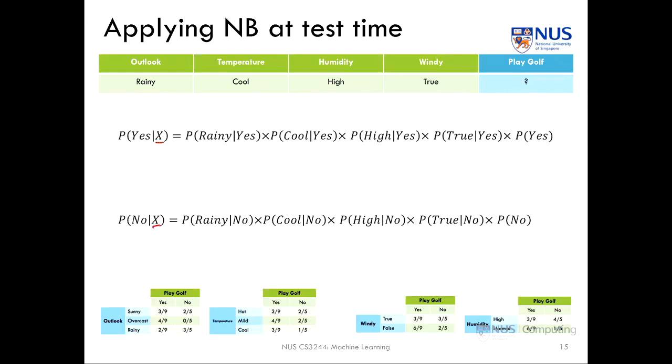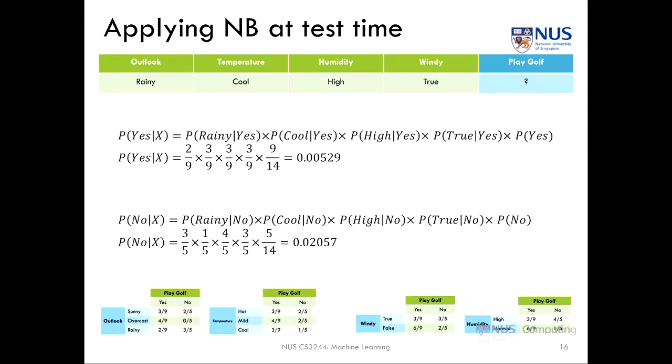And to do that, we're just going to look up all of the individual features that you can see below on the conditional probability tables. After calculating all the way through, we'll get these values. Just slightly less than 1% for playing golf and slightly more than 2% for not playing golf.